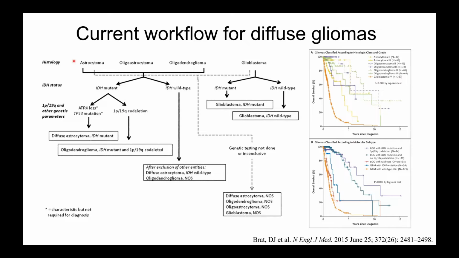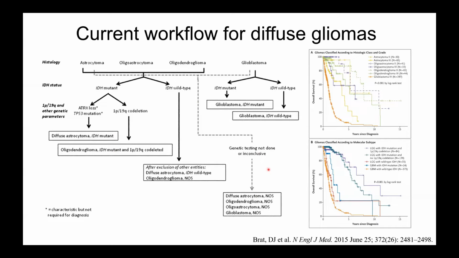Based on the histologic subtype, one could then branch off into whether the tumor showed IDH mutation or not, and if so, then accompanying other mutations or 1p19q co-deletion status could be integrated to arrive at specific top-line diagnoses. And those tumors that were IDH wild type were largely considered glioblastoma.